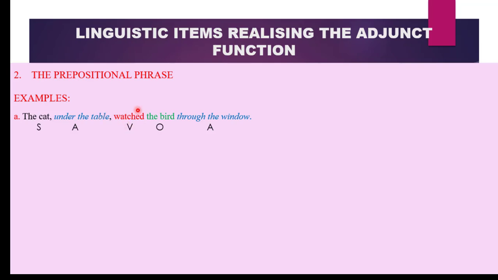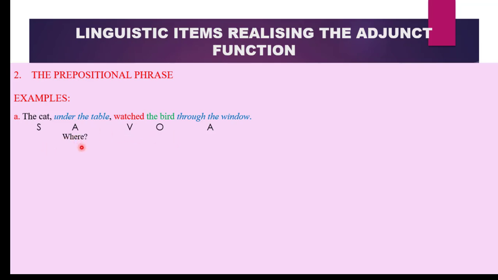We have our verb, which is watched. The bird suffers from the action watch, our object. And what is the manner in which the bird was watched? Through the window. Therefore, this prepositional phrase is giving us information about how, so it becomes our adjunct. So we have the SAVOA pattern.